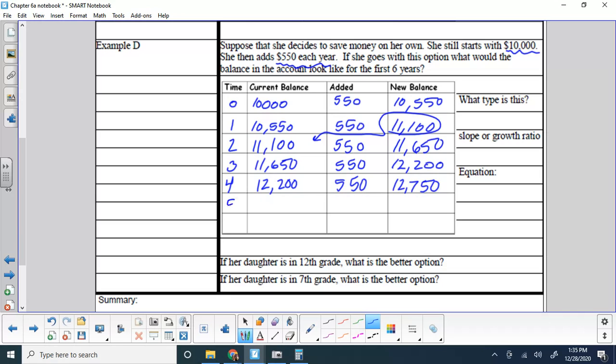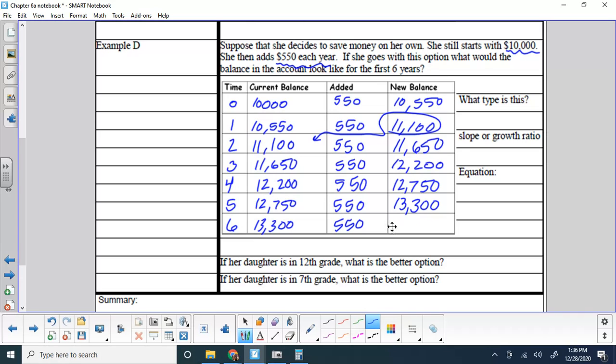$12,750. The start of year 5, $12,750, adding $550 more. She now has $13,300. And let's see where she ends up at the end of year 6.